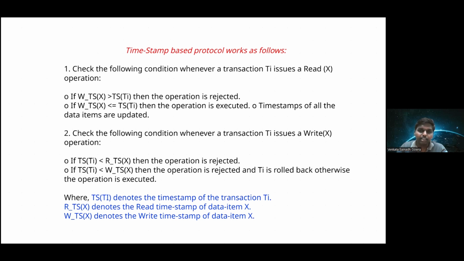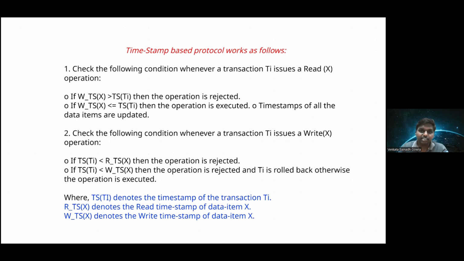Here you can see TS of TI denotes the timestamp of the transaction. R TS of X denotes the read timestamp. So if the transaction is just to be denoted, it is TS of TI.